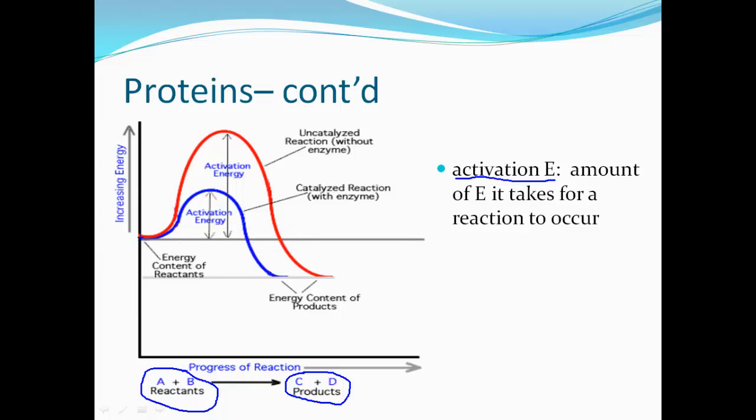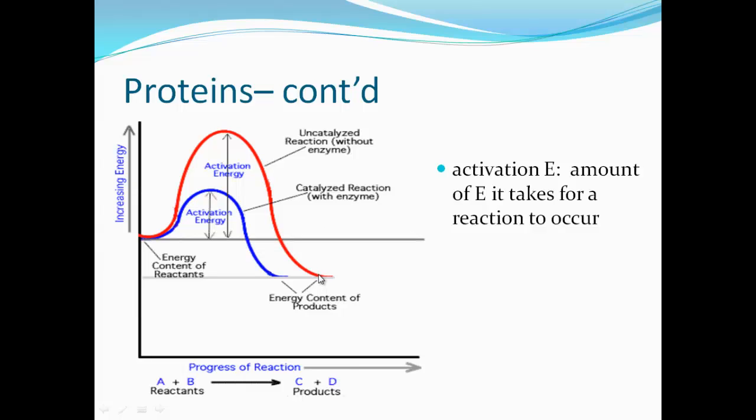If we follow this normal path right here, going up, this is looking at the progress of the reaction. So here we have our reactants. We still just have the reactants. As soon as we get to the activation energy, then we have enough energy to start converting things to products. So that's showing down here. Once we get back down to this line, then all of our products are formed and we have no reactants left over.